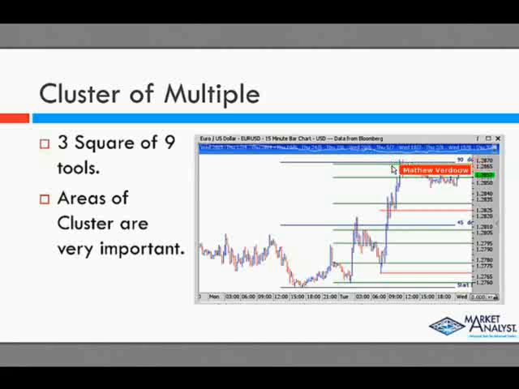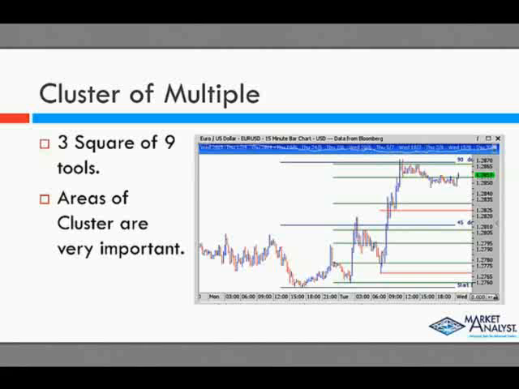That becomes very important and starts ringing alarm bells that there's going to be major support and resistance where multiple tools or multiple calculations are coming in together. And so, again, it's a very important thing.